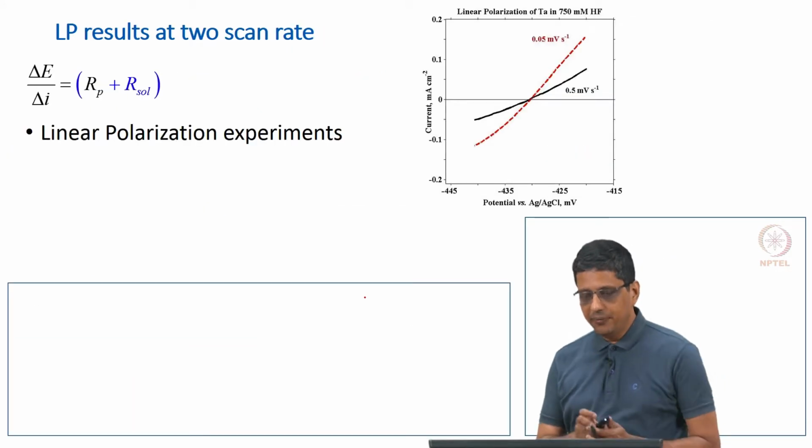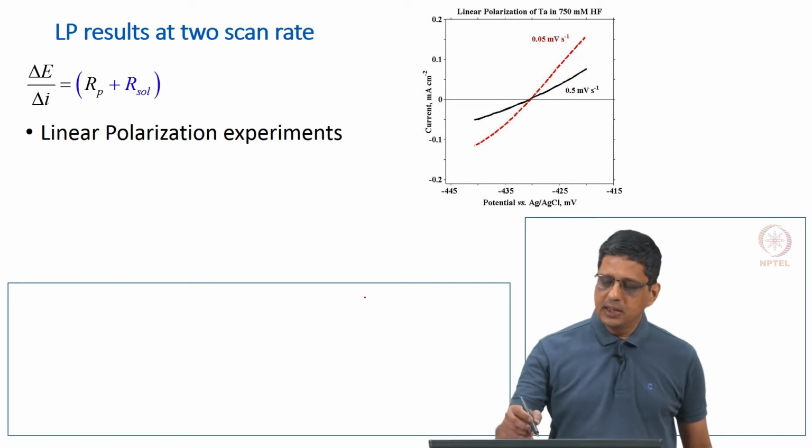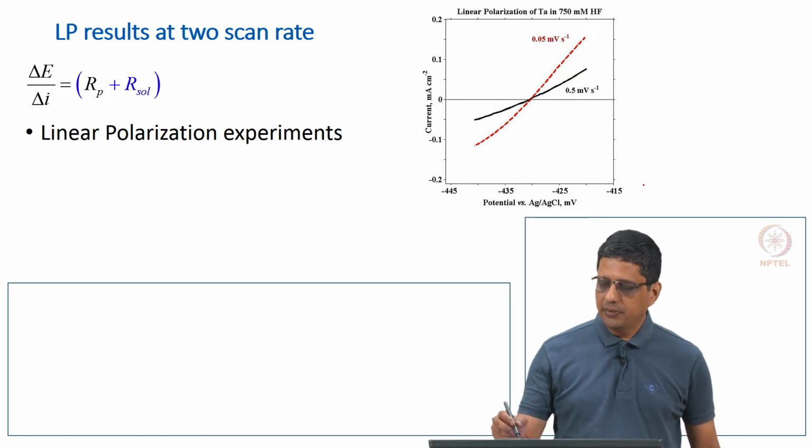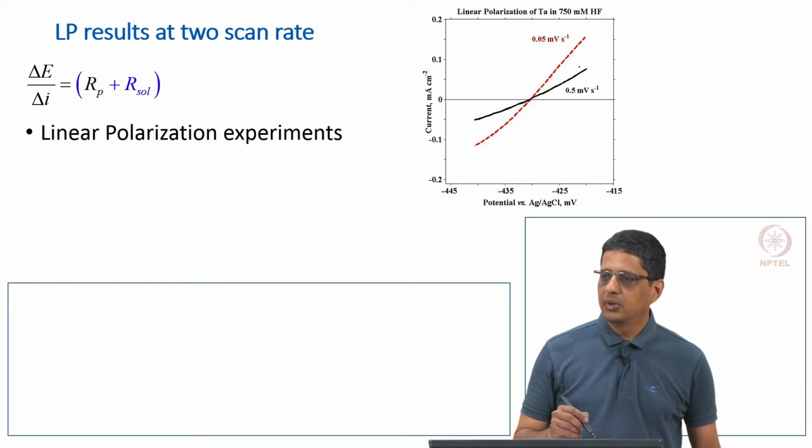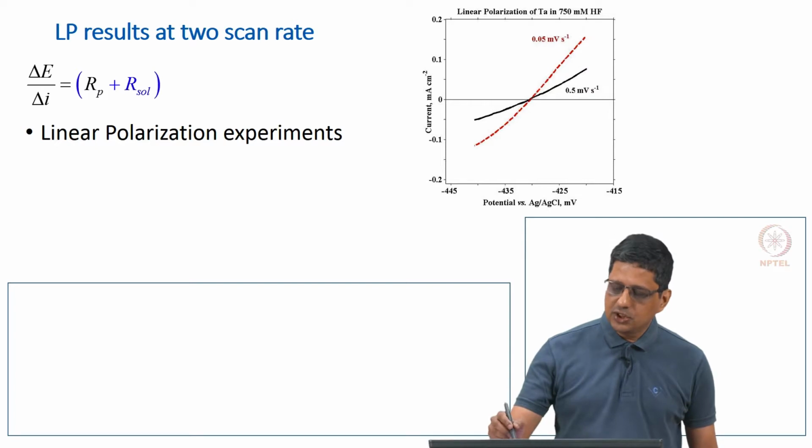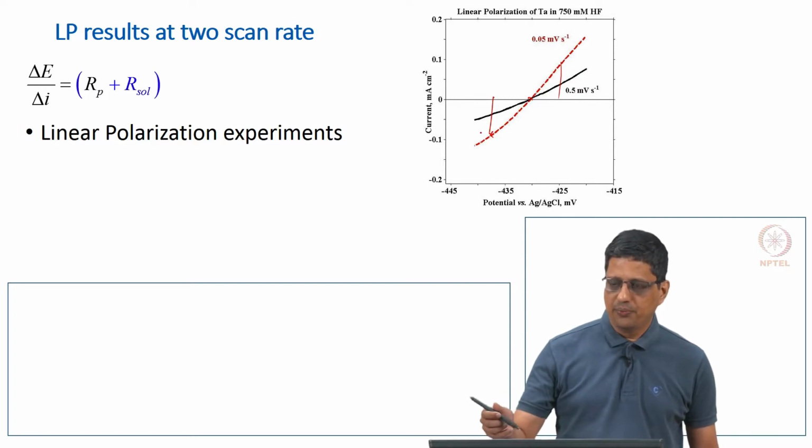So, out here if you see current versus potential, 0.5 millivolts per second is the black color line. If I go to a slower scan rate, I actually see the current is more. Current is more meaning either magnitude is more.